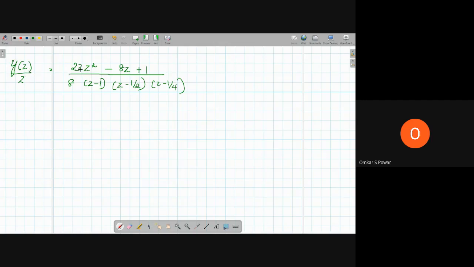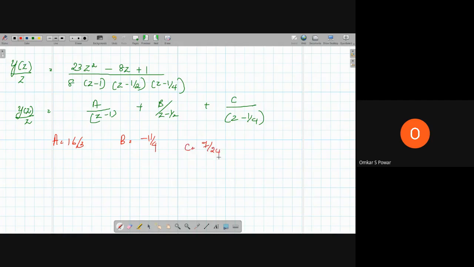Then what you have to do is you have to express in terms of partial fraction. So Y of z by z, you can further write it as A by z minus 1 plus B by z minus half plus C by z minus 1 by 4. So I'll write directly the value of A, B and C. You'll get A value as 16 by 3, B value as minus 11 by 4 and C value as 7 by 24.